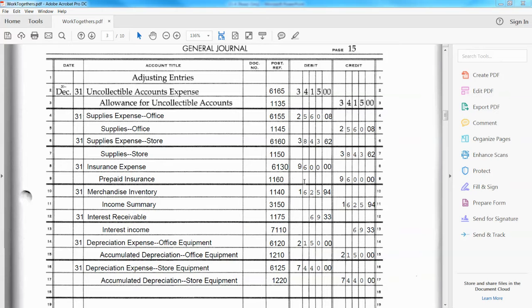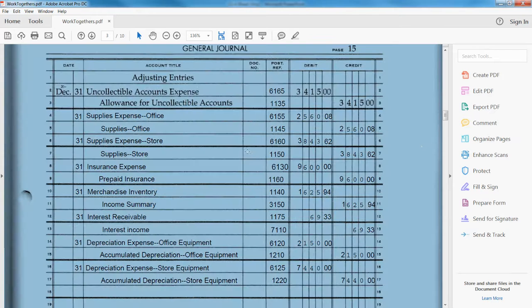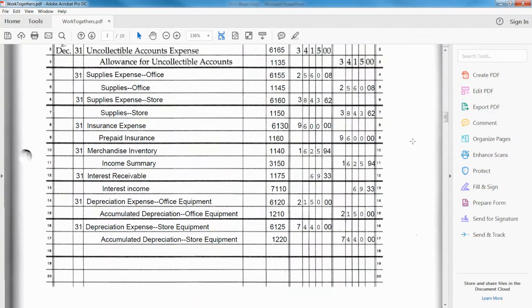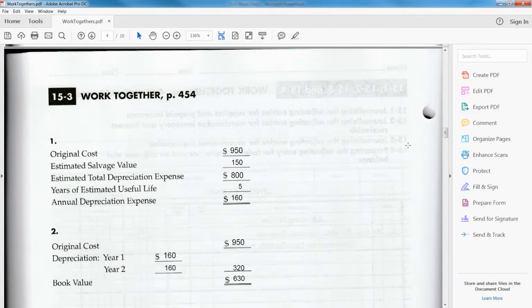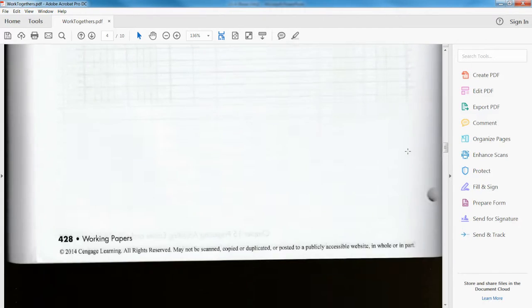So I filled in all of the post-reference amounts, and then we have the amounts posted in the ledger.